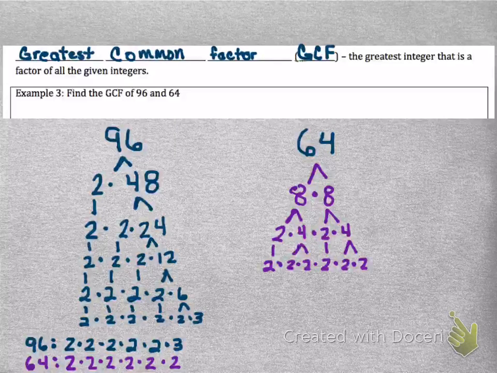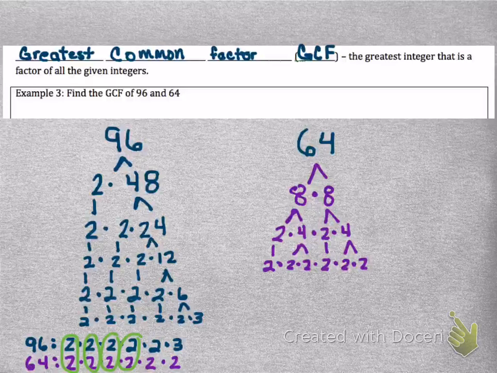Now to find the greatest common factor, or the biggest thing that will divide into both of them, I need to look at what they have in common, and I want to combine all the things they have in common. So they have 1, 2, 3, 4, 5 factors of 2 in common.